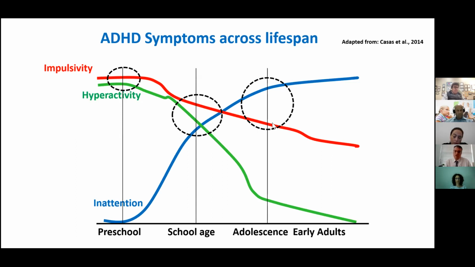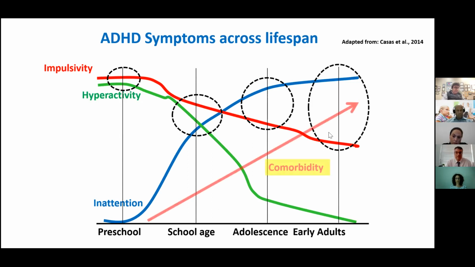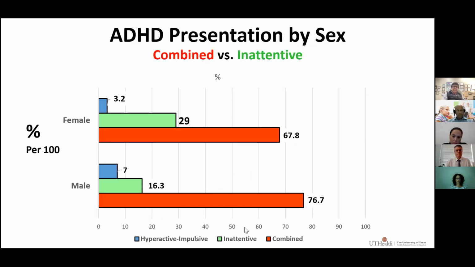And as it was mentioned before, if you see girls, they're probably going to be more inattentive, and then they might be transparent, as Mr. Lavie mentioned before. And in adults, the picture would be a little bit different. And then you have increasing frequency in the comorbidity and added complications.